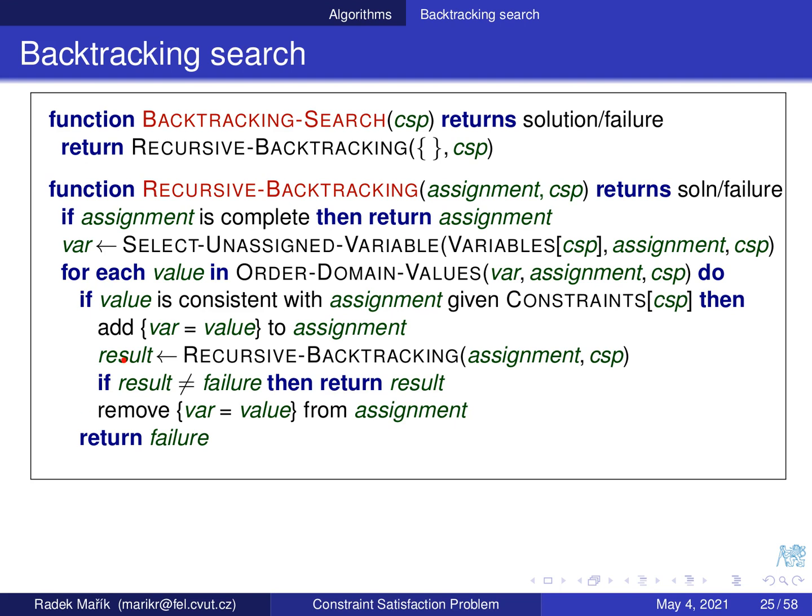If it is failure, then we know that this pair does not lead to the solution. We remove it from the assignment and continue with the next value in that domain. If everything fails, then we return failure. So this is a backtracking search.